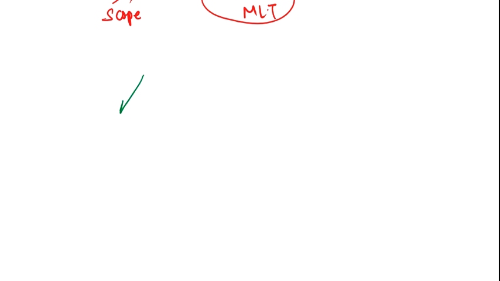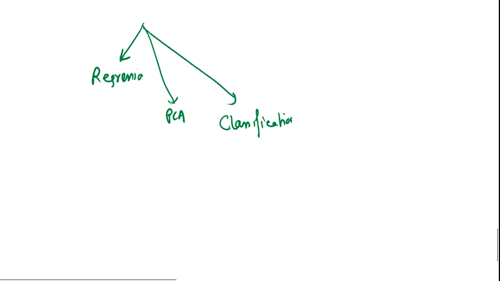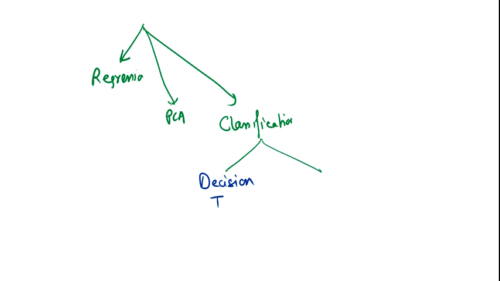Okay, so we started with the regression, then we entered into PCA, and now the third one is the classification. So in classification there are many techniques, but we have discussed only 2, that is decision tree, and the other one is support vector machine, SVM, support vector machine.